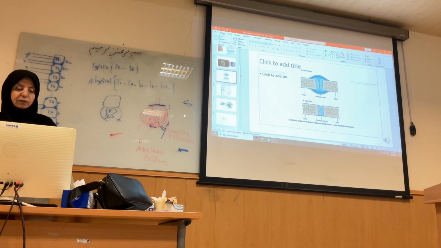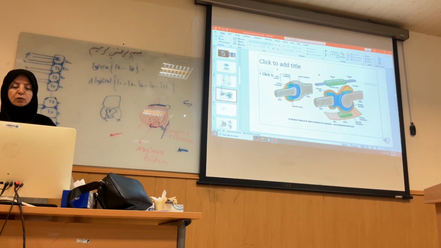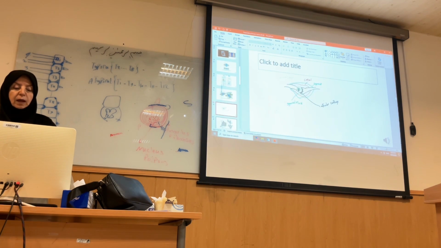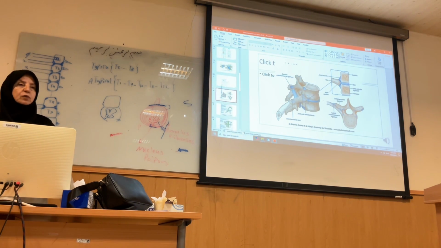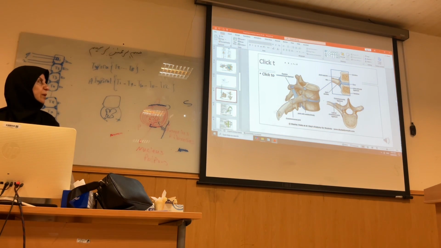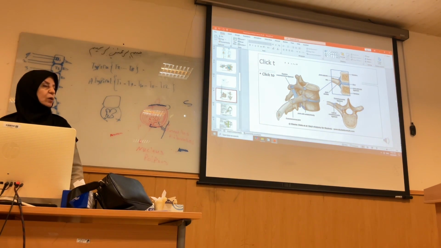And you know about the joint, I explained for you about the structure of the joint, fibrous joint, and here you are going to look at the synovial joint. We remember the cartilaginous and the capsule and the synovial joint. And here you are going to look at some of the ligaments around the posterior end of the rib.